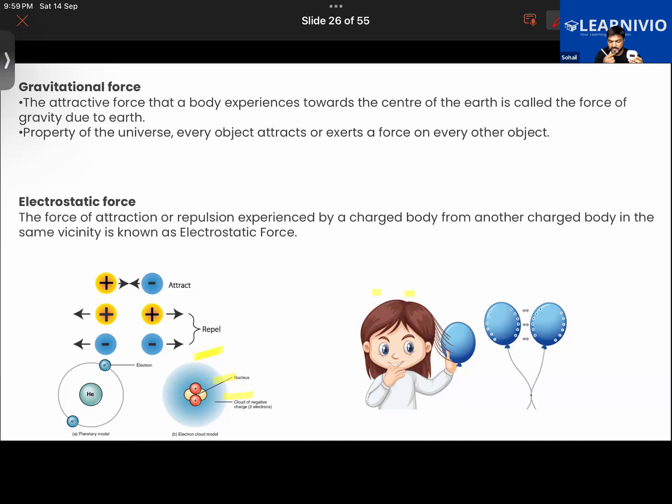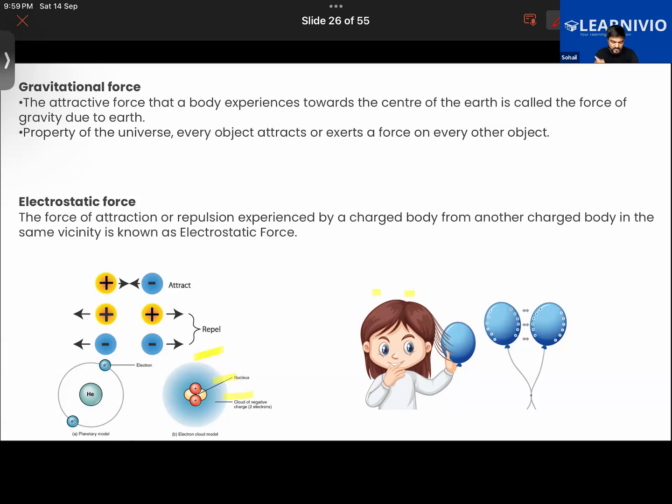But you'd be asking why these two objects don't seem to be moving towards each other. Because of their insignificant size, they are very small. But say if one of them were to be a planet, and another object were to be in its gravitational field, it will be experiencing the force of attraction towards it.